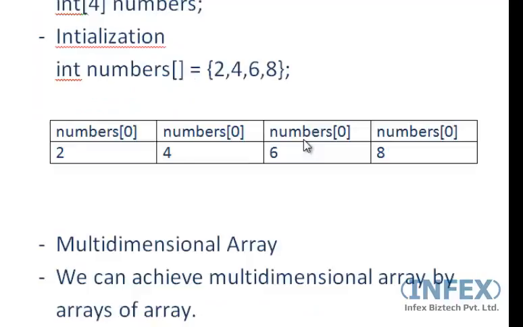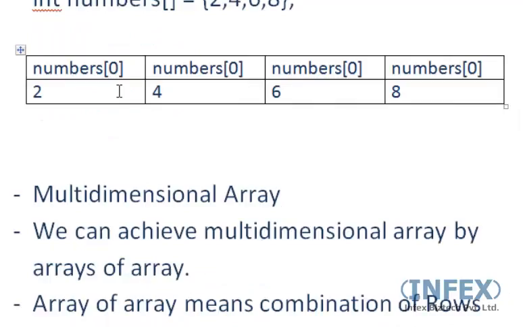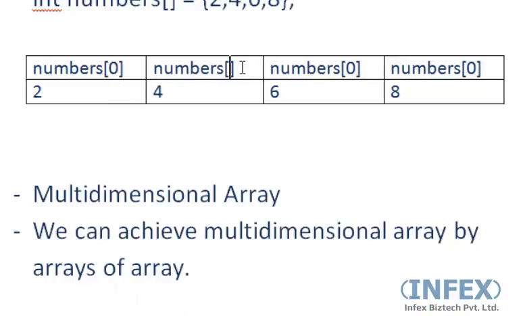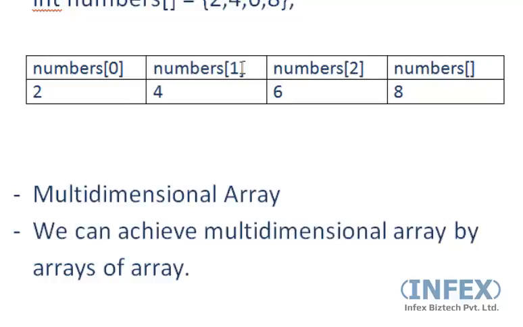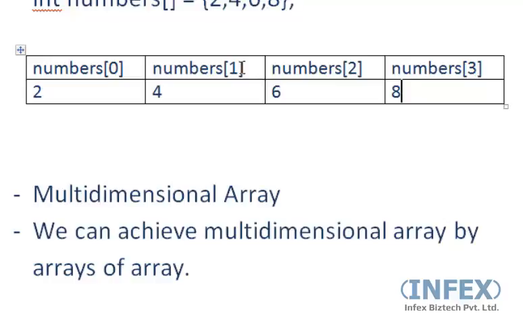This is the structure of this example. numbers index 0 contains the value 2. In the same way, numbers index 1 contains 4, numbers index 2 contains the value 6, and numbers index 3 contains the value 8.